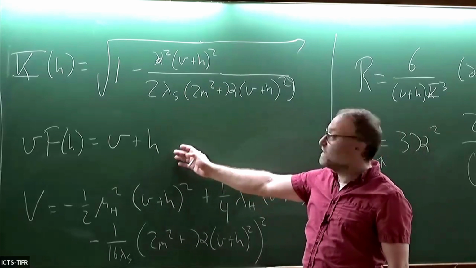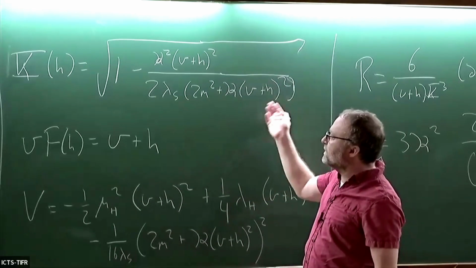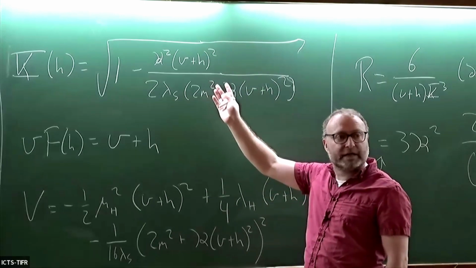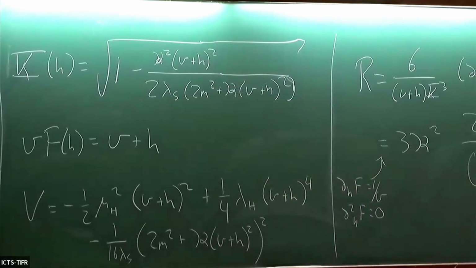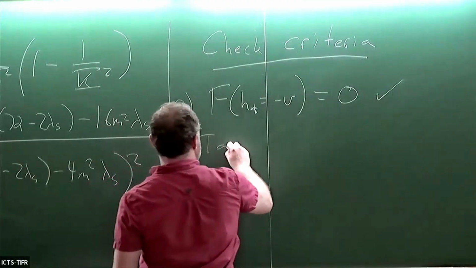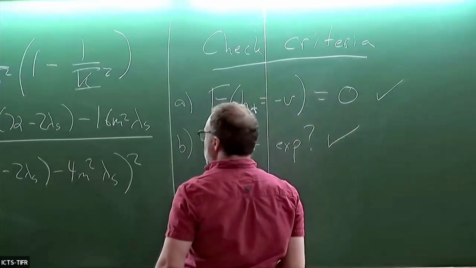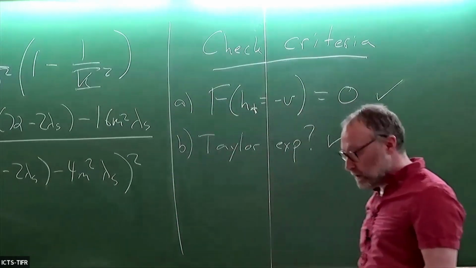This is obviously fine. Here, there's this thing in the denominator, but there's these other terms, so there's no obstruction to Taylor expanding this. Okay, so this was A, I guess. B, Taylor expansion looks fine, right? No problem there.